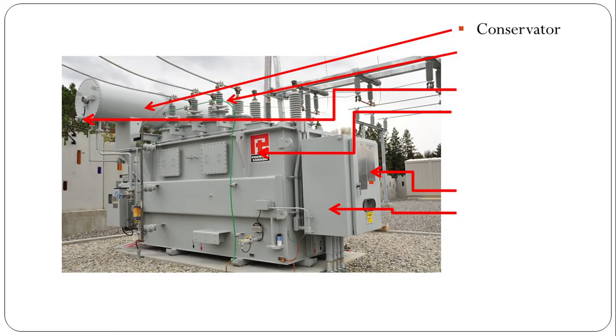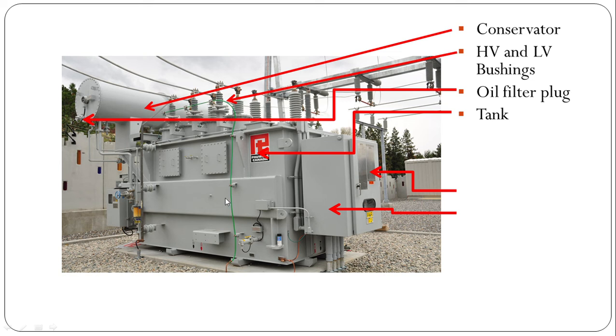See, here this cylindrical tank at the top of transformer is called conservator, and here this is oil filter plug at the bottom of this conservator tank. Now these are HV and LV bushings from where we apply the input and take out the output. Next is tank. This metallic structure is called tank.